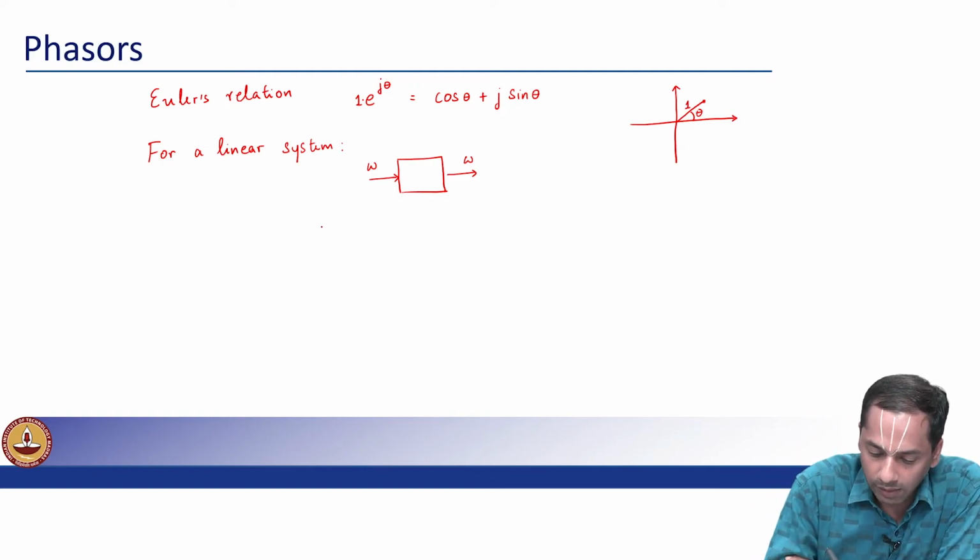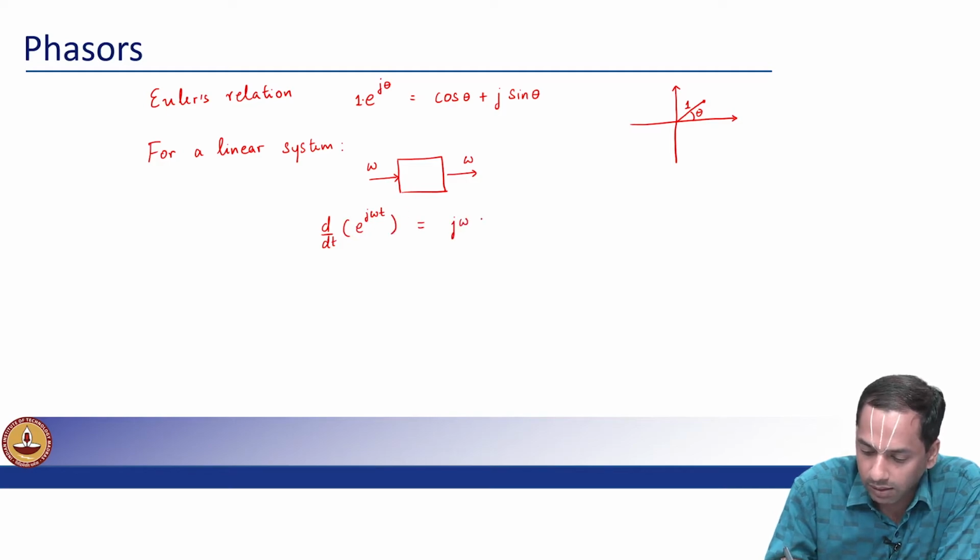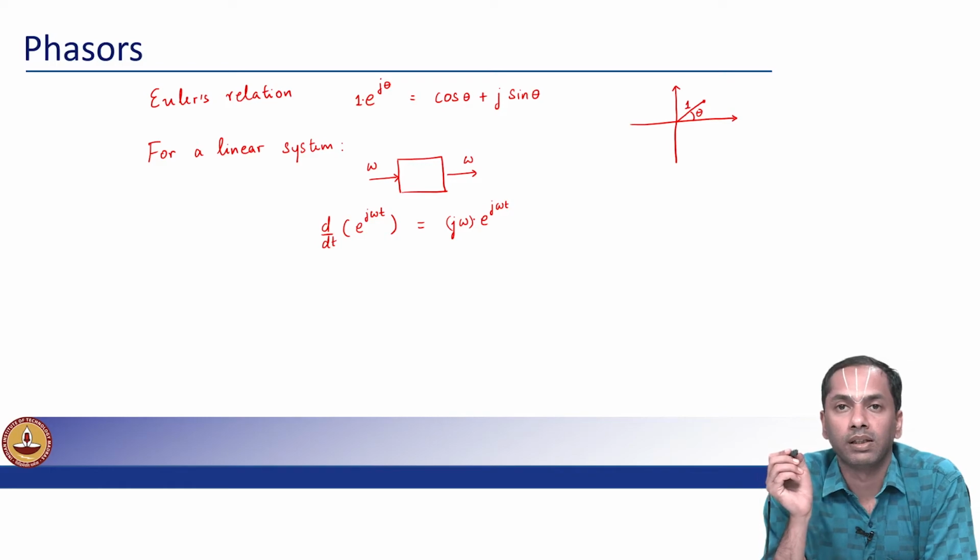We also see a very useful relationship where if I were to take the derivative of e to the j omega t, I essentially get j omega times e to the j omega t, right?